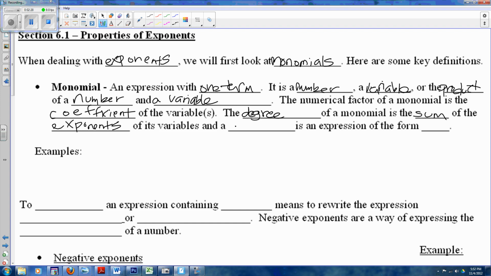And a power is an expression of the form x to the n power. That's an exponent, x to the n.